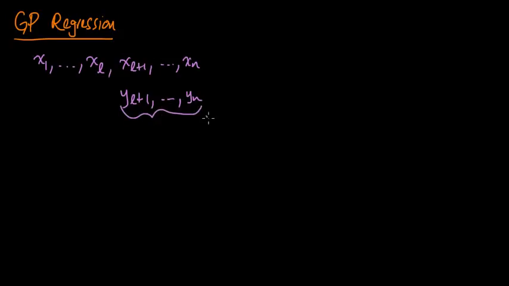So these are observed. And we'd like to get the posterior predictive distribution on the y's corresponding to x1 up to xl, given these y's, given yl plus 1 up to yn. So we want to get the distribution on these y's, given those.